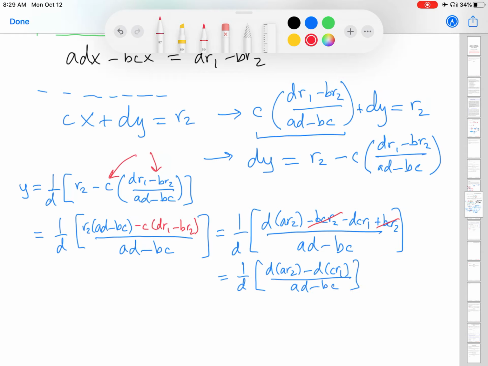Great, so I can factor out this D here and cancel it out with that one. Okay, so this goes away. That assumes that D is non-zero. So that is an additional assumption that we are making here in this problem, at least the way that I have chosen to solve it.